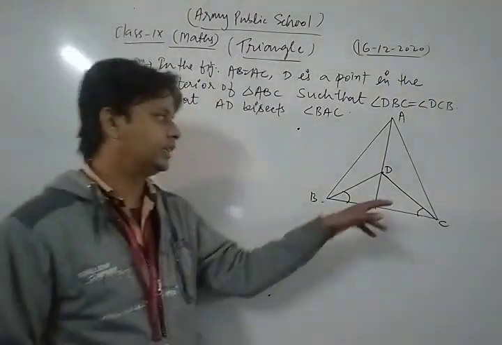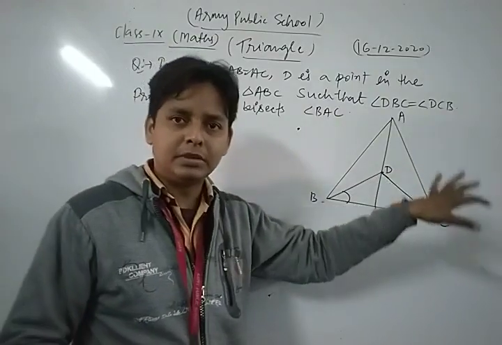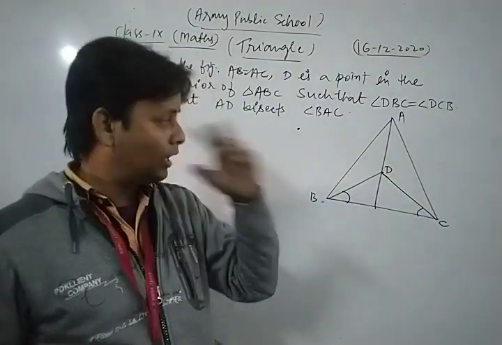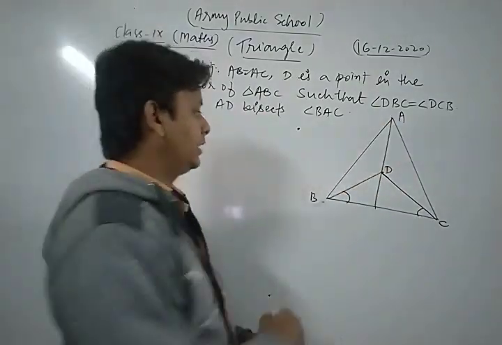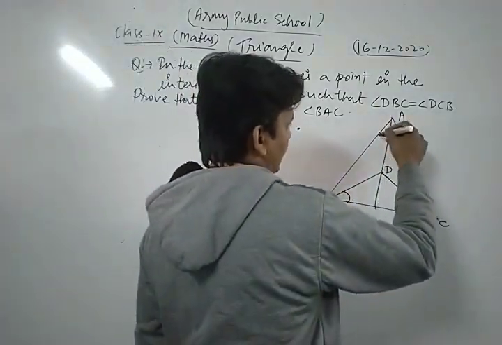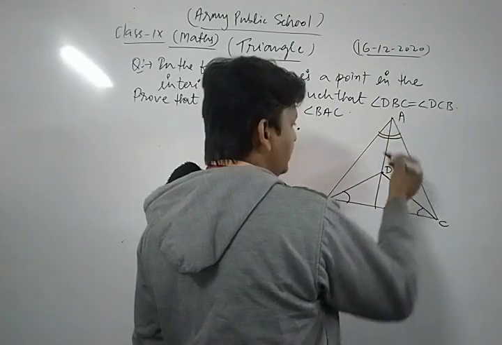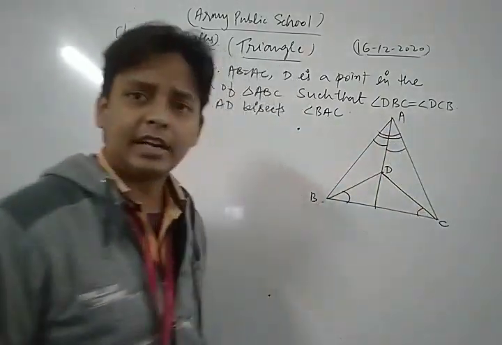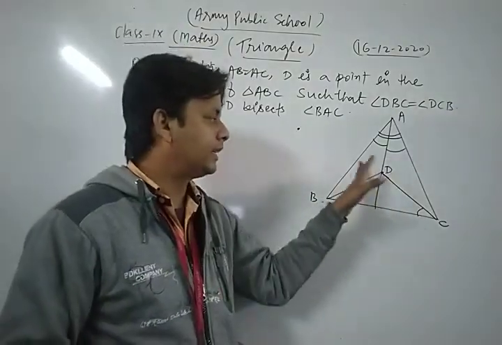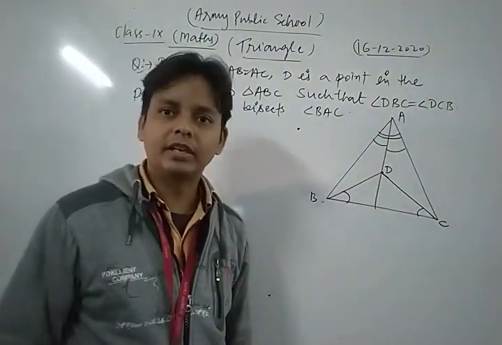D is the point in the interior of triangle ABC, and we have to show that the line AD bisects angle BAC. Angle BAC is that. If we prove that this angle is equal to that angle, then it is clear that we can say that AD bisects angle BAC. Okay, now let's see.